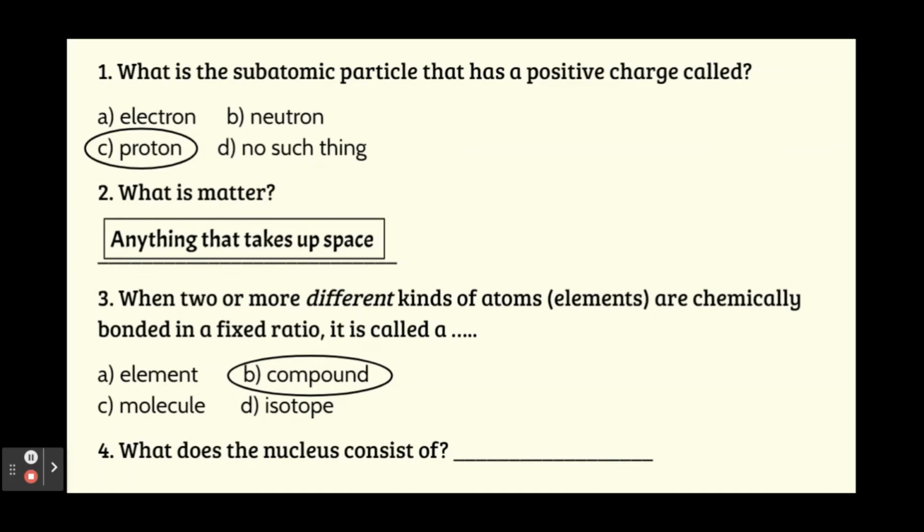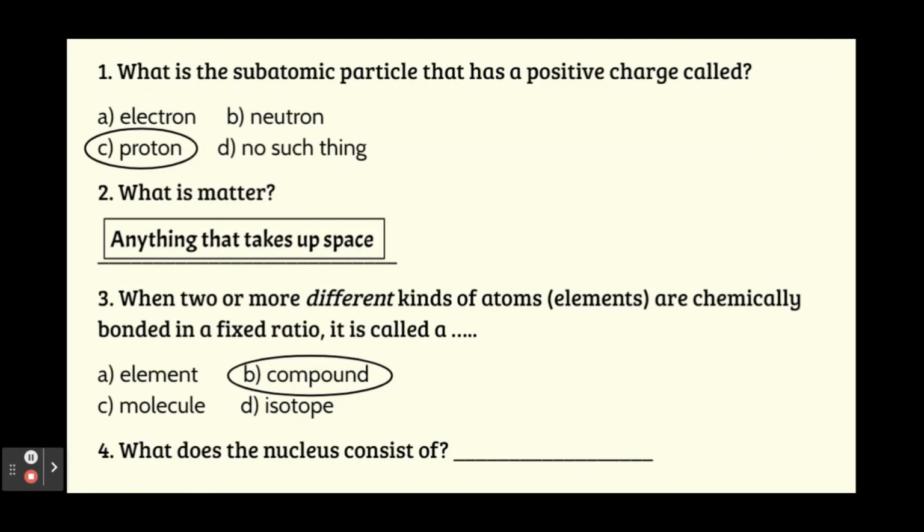And then D is called an isotope, and we haven't really talked about this, but basically an isotope is when you have the same number of protons, and then the number of neutrons is different from what the chemical element's atomic mass is. And usually some isotopes are unstable and radioactive because they're different from what the actual atomic mass for the element was before.